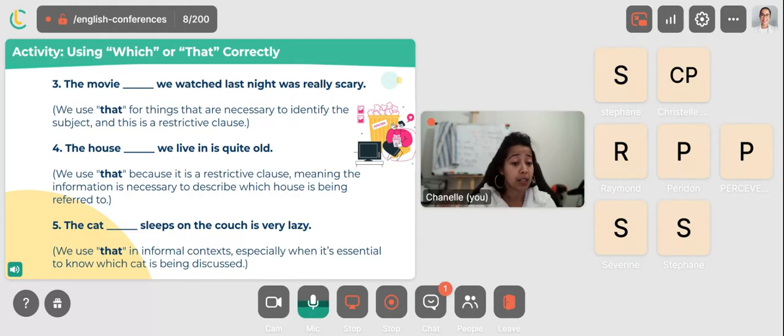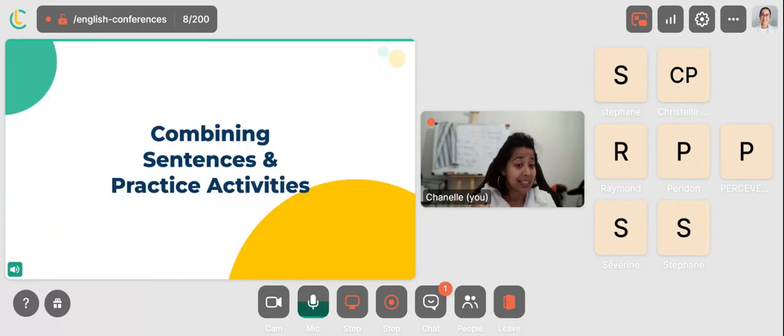We use that because it's a restrictive clause, meaning the information is necessary to describe which house is being referred to. The cat that sleeps on the couch is very lazy. That in the informal context, especially when it's essential to know which cat is being discussed.